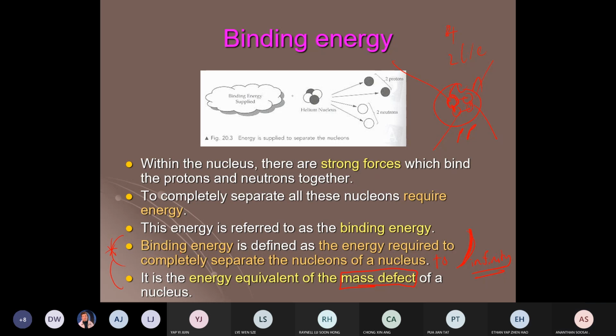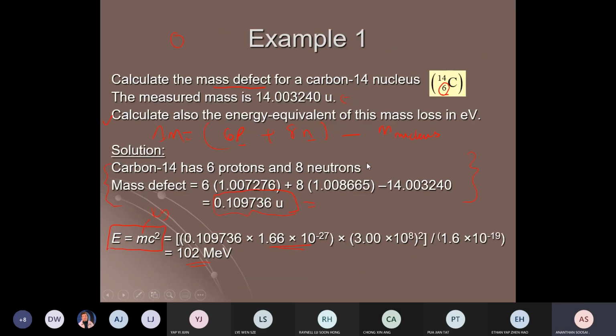Going back to carbon 14, we calculated the mass defect of carbon 14, and we found the energy is 102 MeV. This is the binding energy of carbon 14.